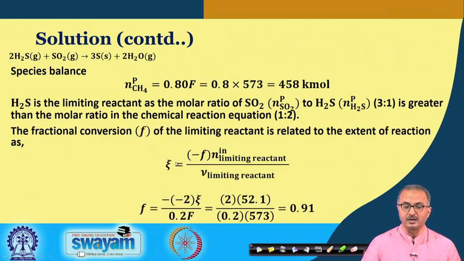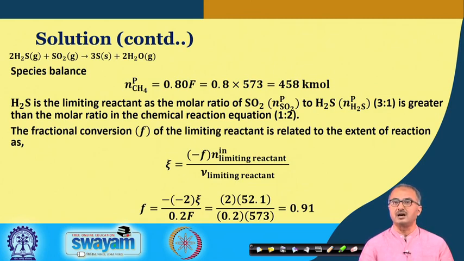Here we have been asked to find the fractional conversion, and this fractional conversion can be correlated with the extent of reaction like this. I am putting all these equations without any derivation because these are not required in this particular course and are taught separately in the course on reaction engineering.